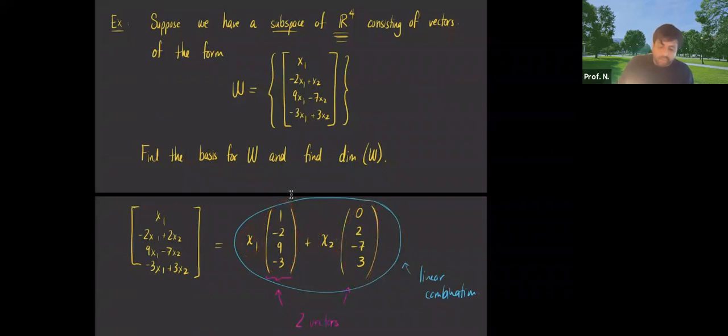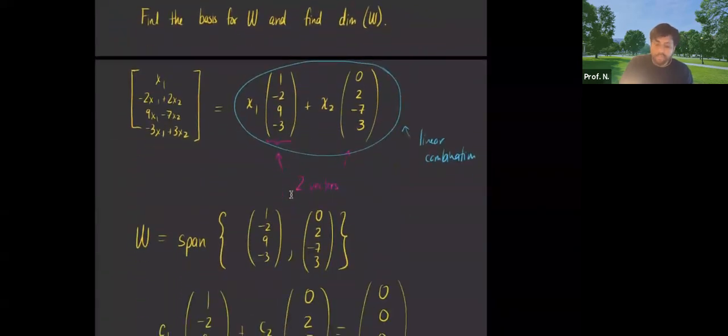What am I doing? I'm just rewriting W as a sum of two different vectors. Not just a sum, I'm talking about a linear combination. I literally just said W is this. W is a linear combination of these two vectors. This is what I'm saying.